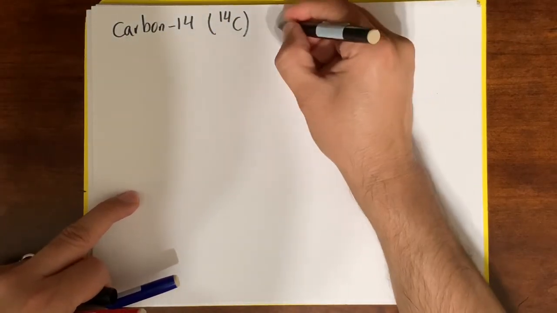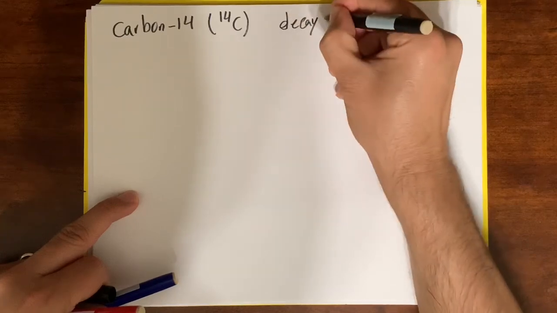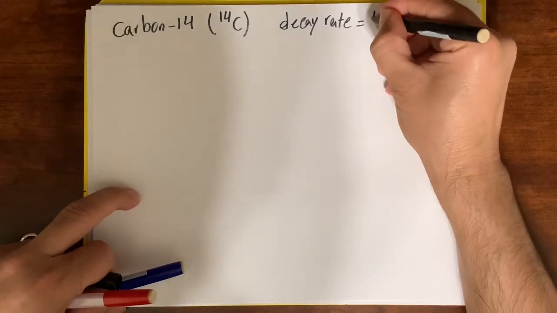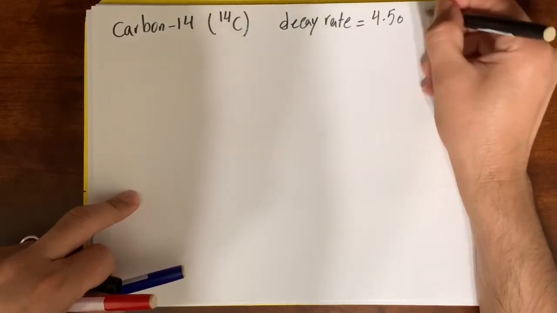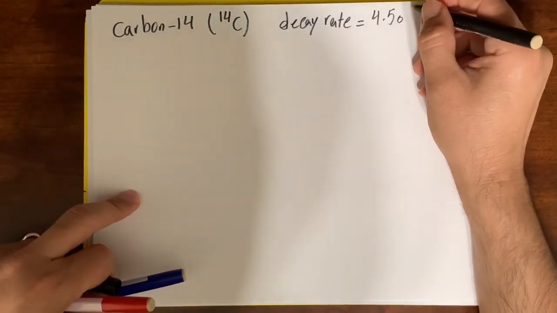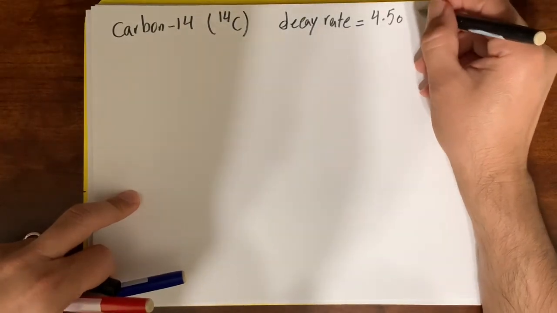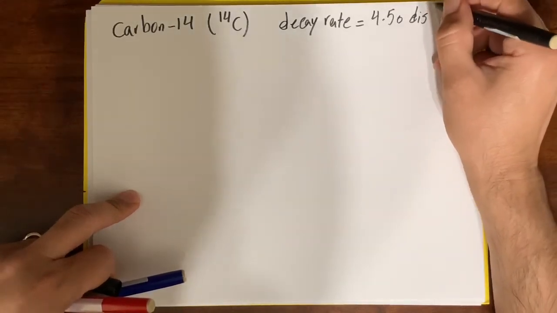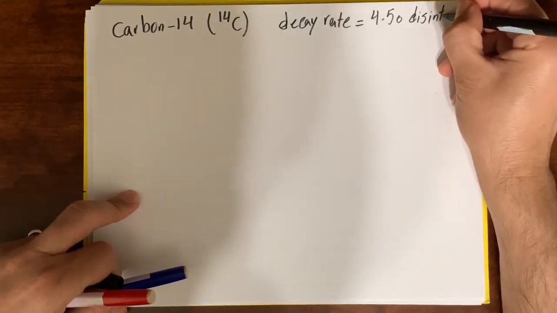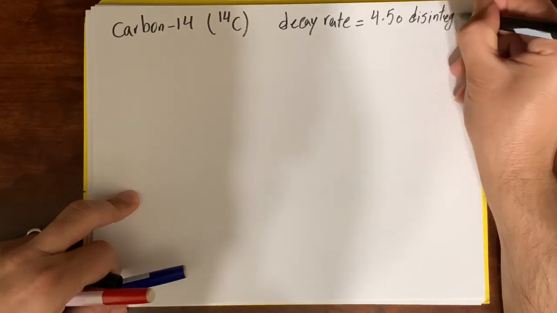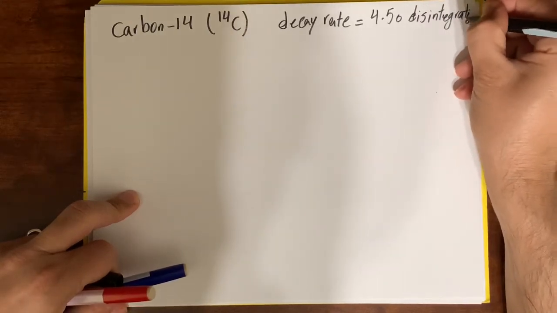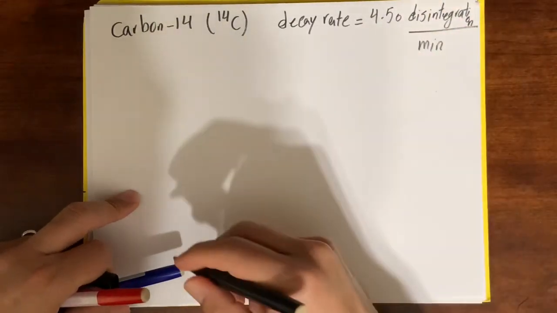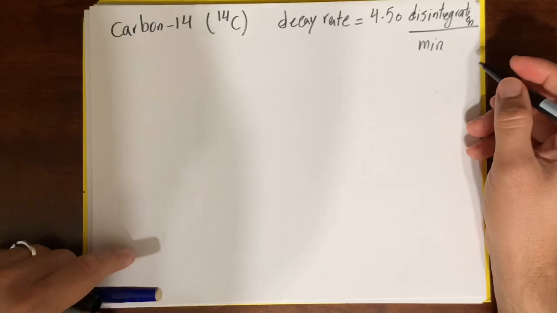And the decay rate is equal to 4.50 disintegrations per minute. Okay, so that's the decay rate for it.